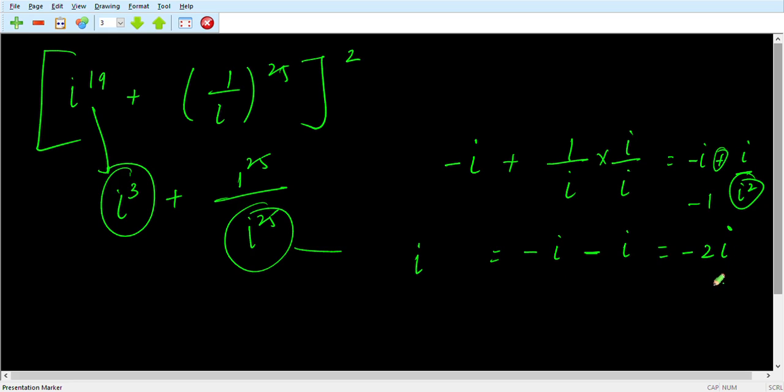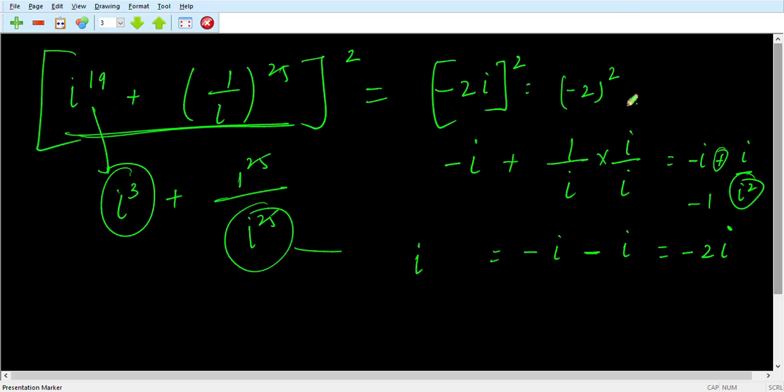Now putting this value in the power 2, you get minus 2 iota to the power 2, which is minus 2 to the power 2 into iota to the power 2. Minus 2 to the power 2 will become 4, and iota square will give you the value minus 1. So the answer will be minus 4.